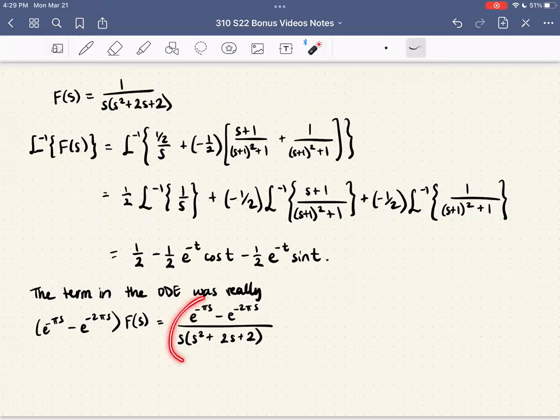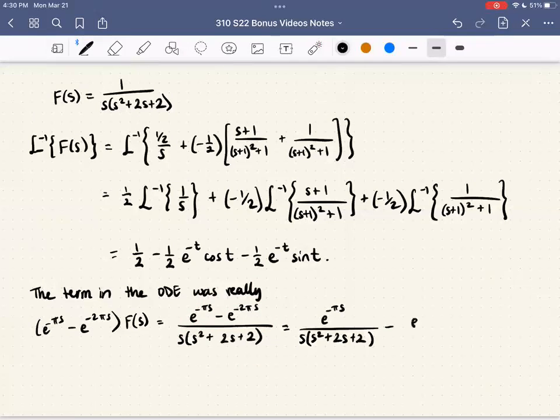Now I'm going to split this fraction up into this piece and this piece. So I've got e to the negative pi s over s times s squared plus 2s plus 2, minus e to the negative 2 pi s over s times s squared plus 2s plus 2.